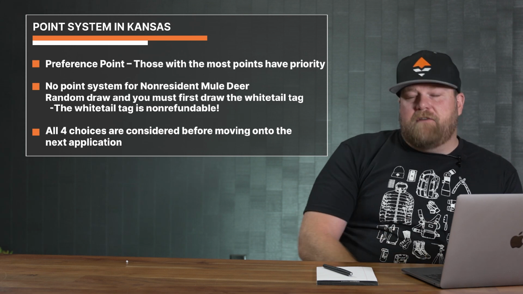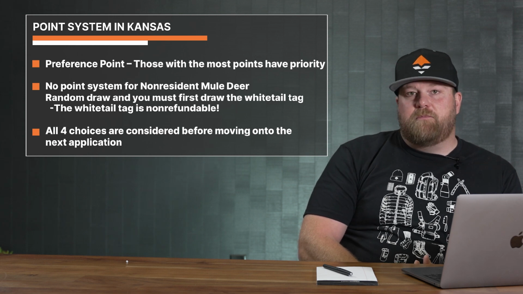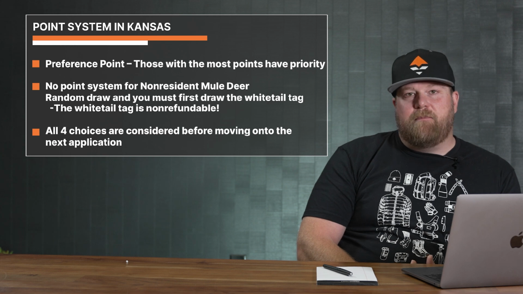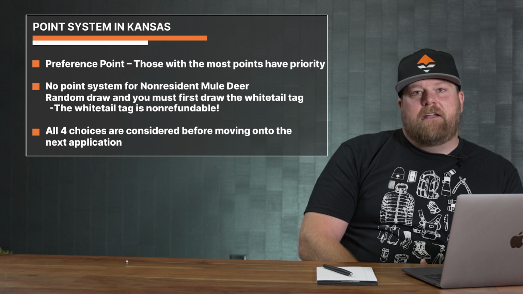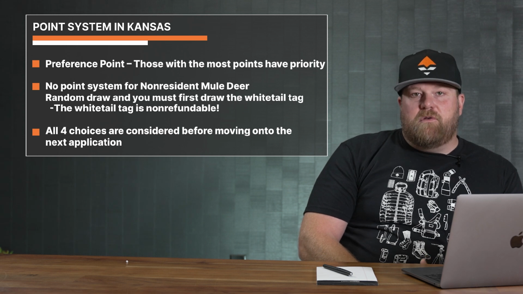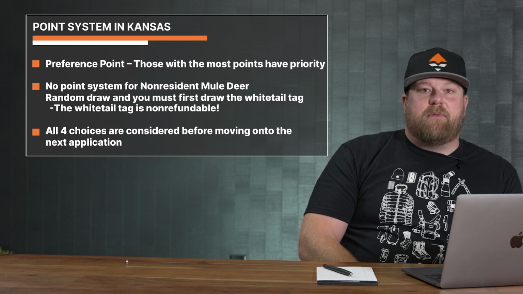And they are a true preference point, so the people with the most points have preference, except for non-resident mule deer. It is more like a stamp: you've got to be successful in drawing that whitetail tag, and then on your application you check that you want to be entered into that mule deer stamp, and it's true random.